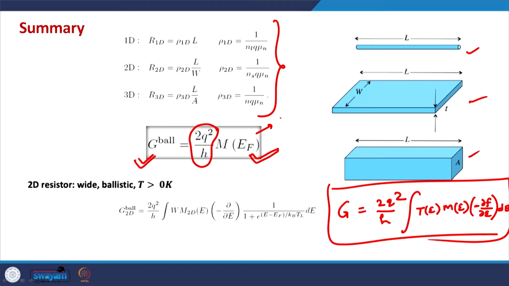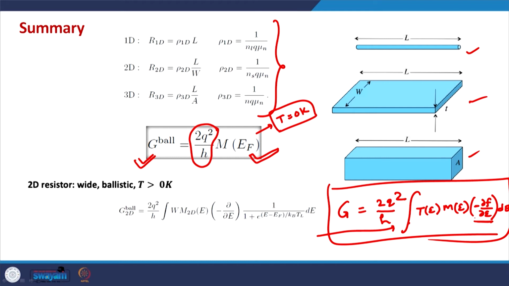So, this was the case when T was 0 Kelvin in a ballistic conductor. When we operate at higher temperature, at room temperature maybe, we need to do an exact calculation of this integral as well as this derivative in this equation.